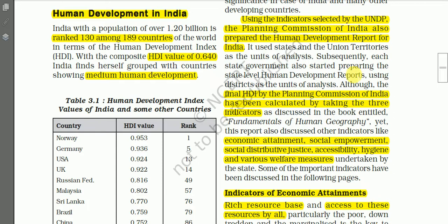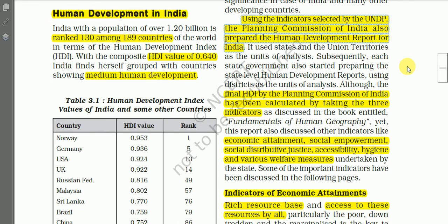Okay, see here in this paragraph, it is already mentioned that using the indicators selected by the UNDP, the Planning Commission of India also prepared the Human Development Report for different states of India.